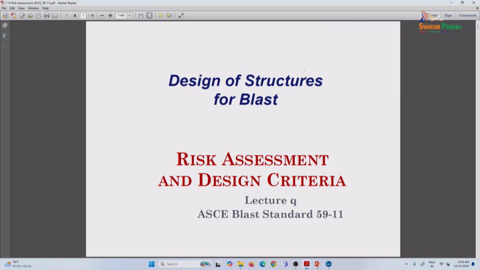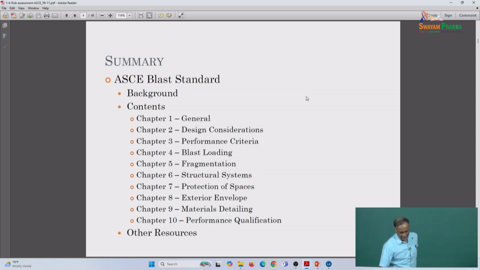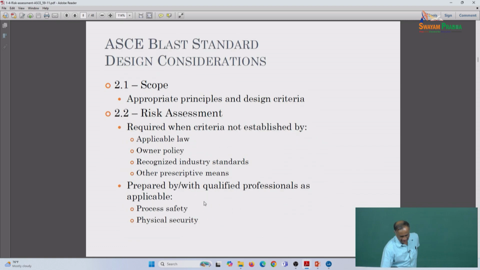So if you see here, the chapters cover everything. It has got design considerations, again not details, it's got performance criteria, then it's got something on loading, then fragmentation, structural systems protection, material detailing and performance qualification.